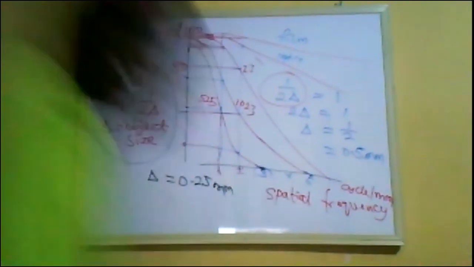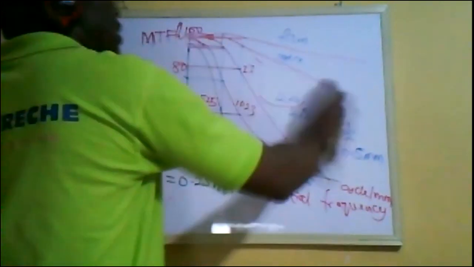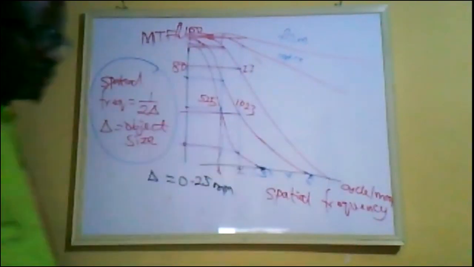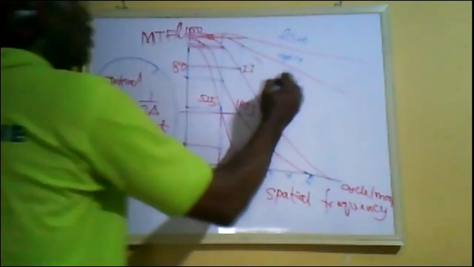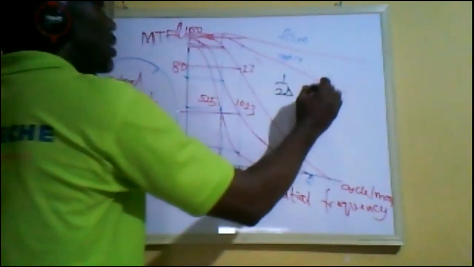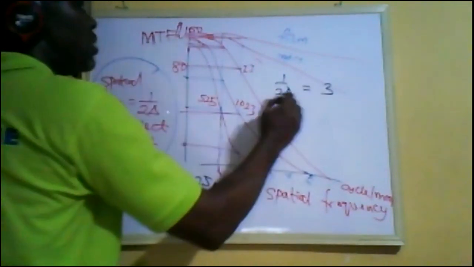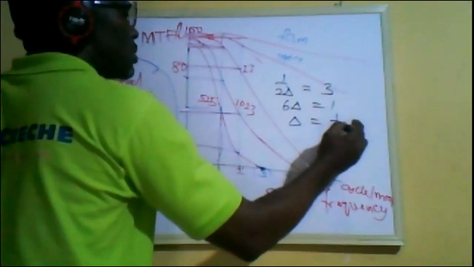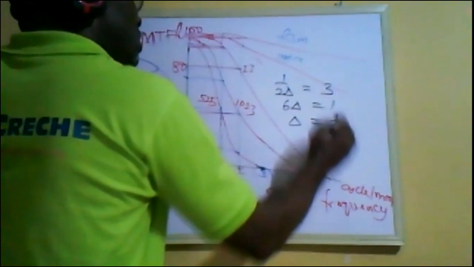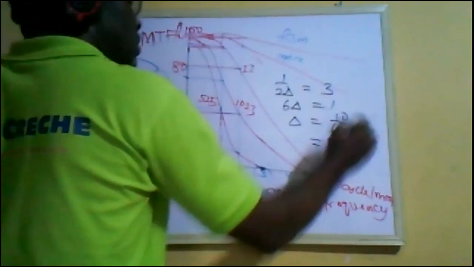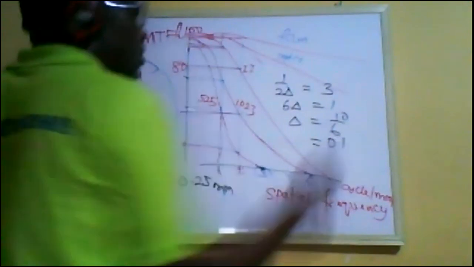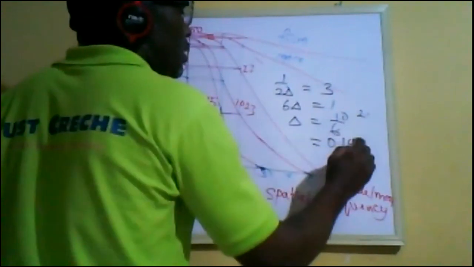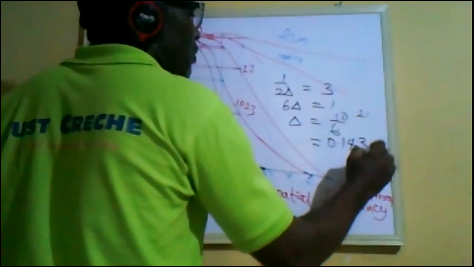In this case, we want to see the best this 525 TV line can resolve. So we have 1 over 2 times 3, so that is 1/6, which is about 0.14 millimeter.